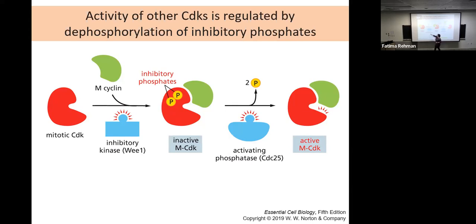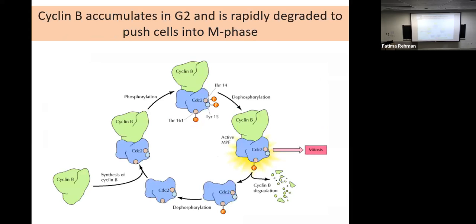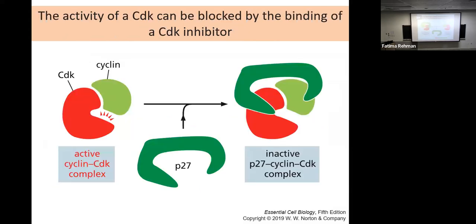But here, your activated phosphatase is going to dephosphorylate, but that dephosphorylation is going to activate the kinase and make it do the work it needs to do. So here you have it again, that you can have your CDK activated or inactivated with the helper proteins that can have inhibitory or activating effect. Here is an example of those.